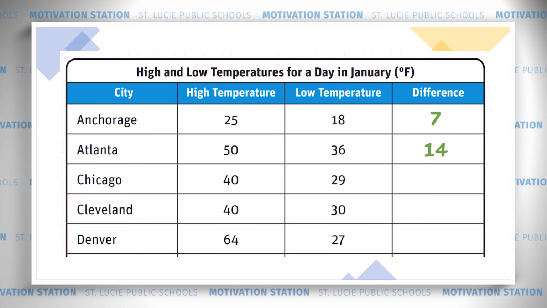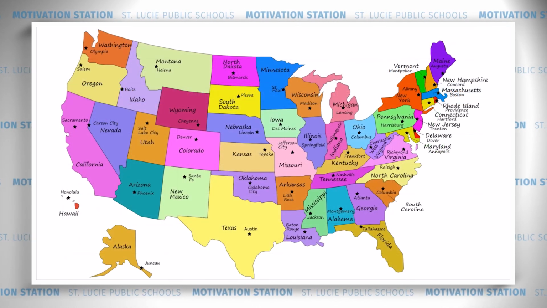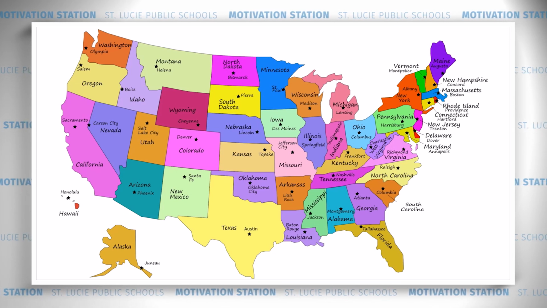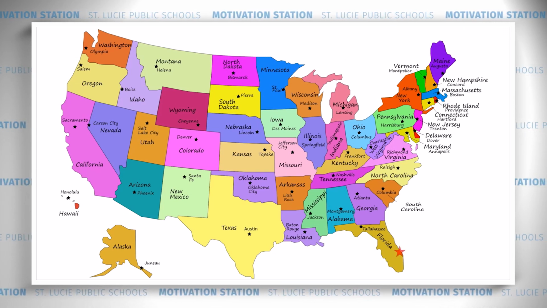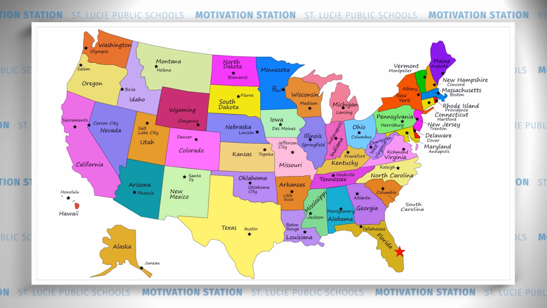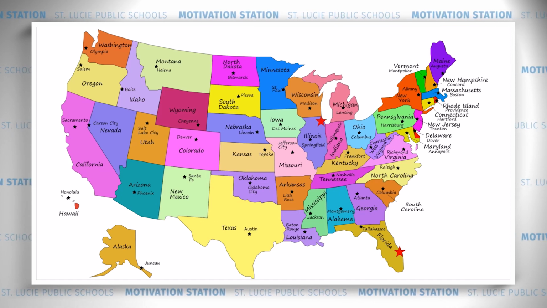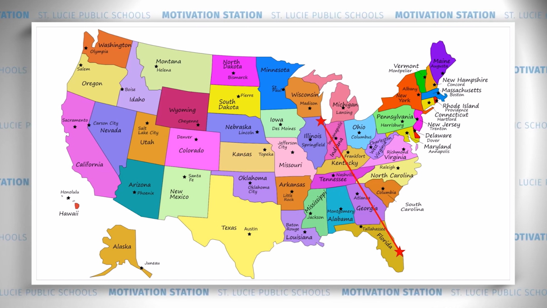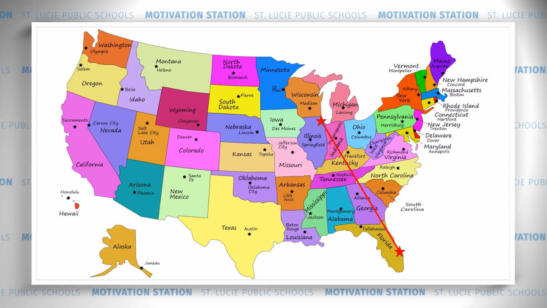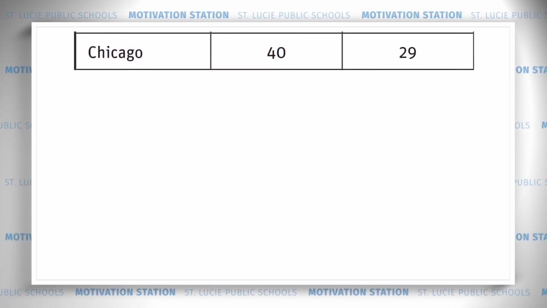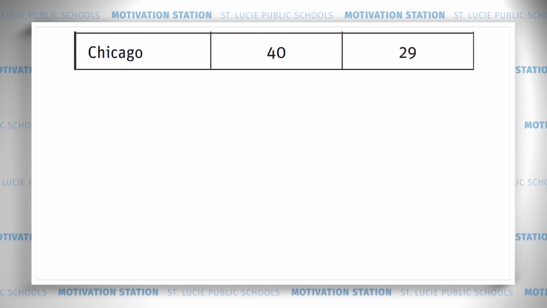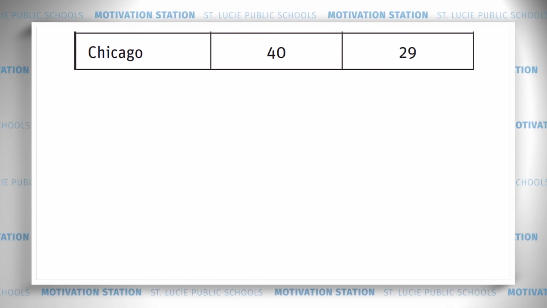Now let's look at Chicago. Chicago is further north than Georgia. We're down here in Florida. Chicago is way up here in Illinois. That's a pretty good distance. Chicago's high temperature in January is 40 degrees. Their low temperature is 29.